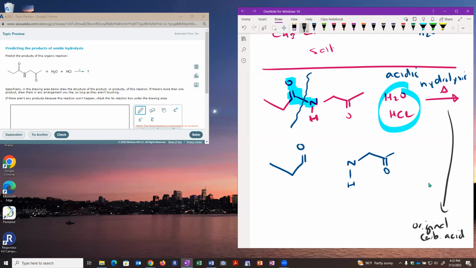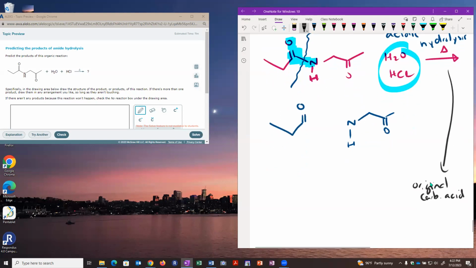And then we also get the salt of the amine. Okay, so where does that actually come from? Well, if you think about your H2O here, your H2O is made up of an H and an OH, right? So the OH comes in and it completes the carboxylic acid side of things. Remember, it goes in as an OH minus.